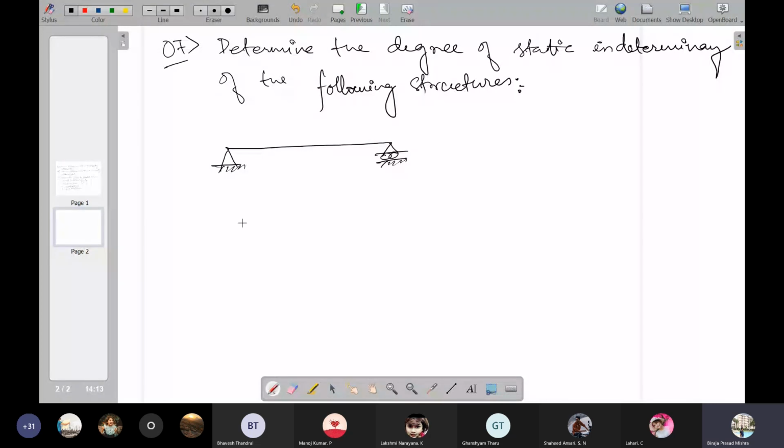Okay, the second structure is this one. The third structure is this one.